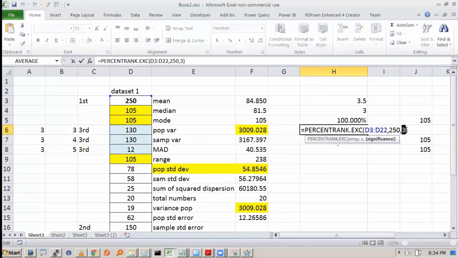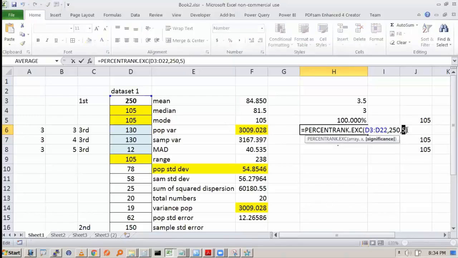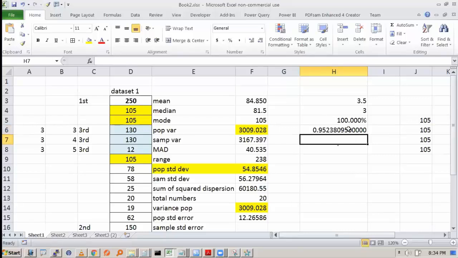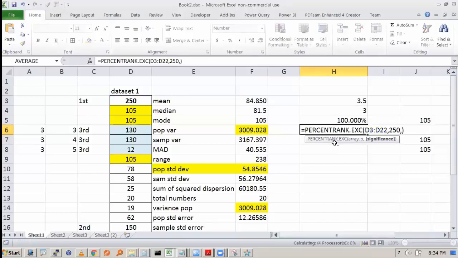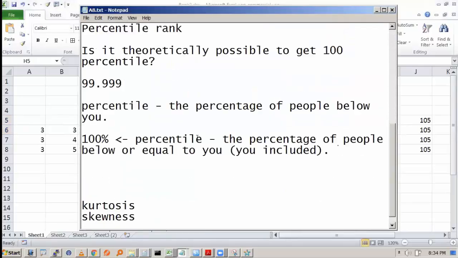If I make it 5 decimal places, after 1, 2, 3, 4, 5, it will become all 0. It doesn't matter, I can increase the decimals. If I give 8 decimal places, it will go to 8 decimal places. So you use percentile rank with the decimal argument. If you don't give anything, it is 3 by default. It depends on your requirement how many decimal places you use, and whether you exclude or include.